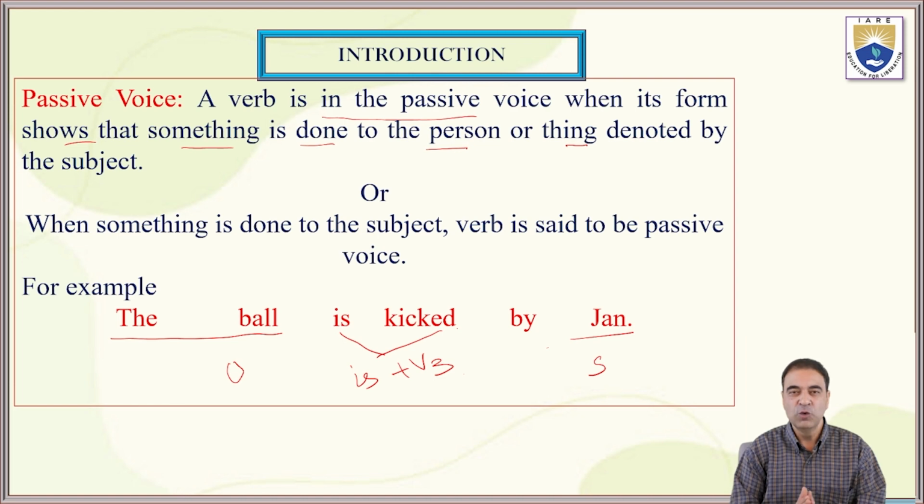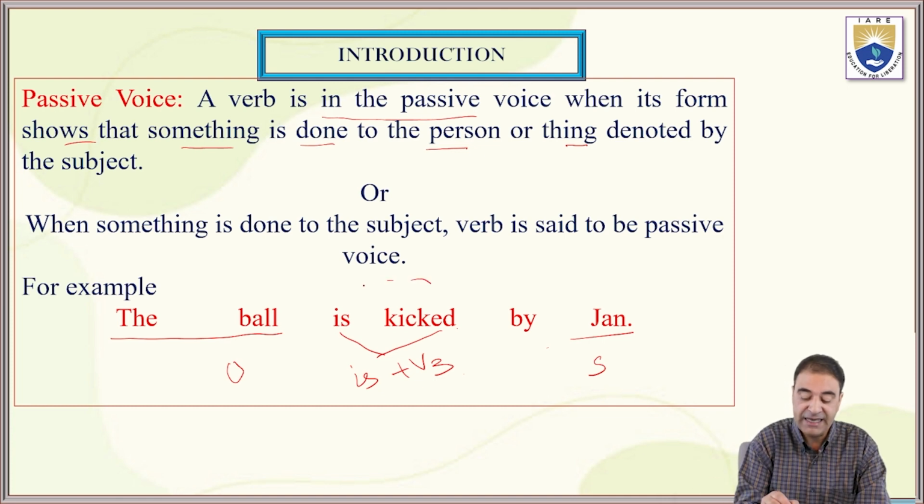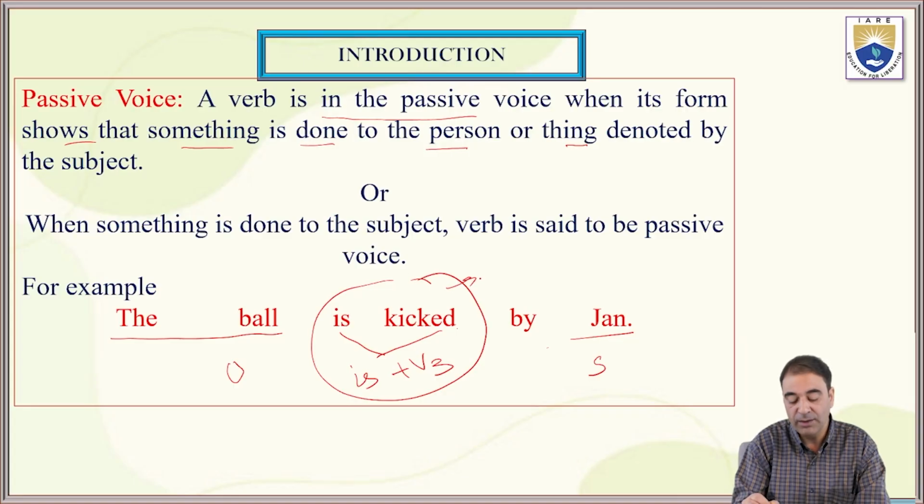Here it is John who performs an act, and the act is kicks. Therefore, we can say that the verb kicks is in active voice. And in the second sentence, that's passive voice: when something is done to the subject, the verb is said to be in the passive voice. Like here, is kicked, it's a verb but in passive voice.